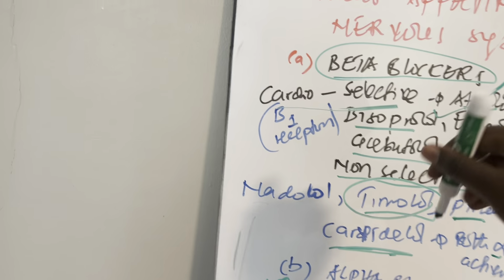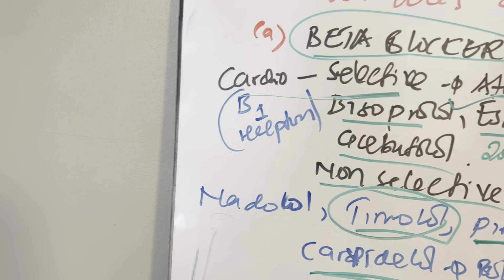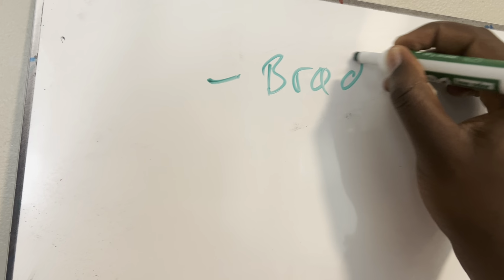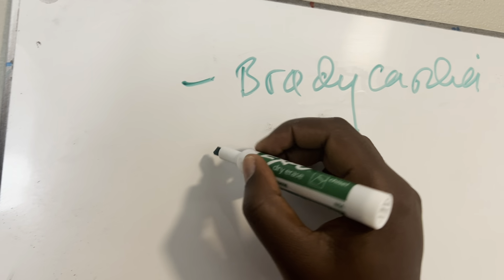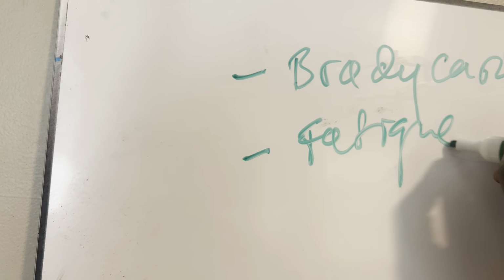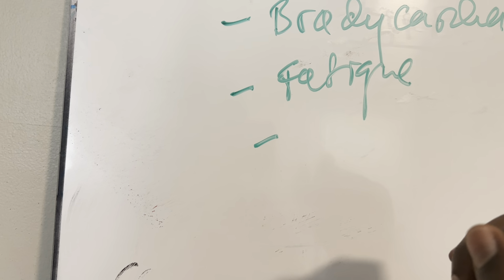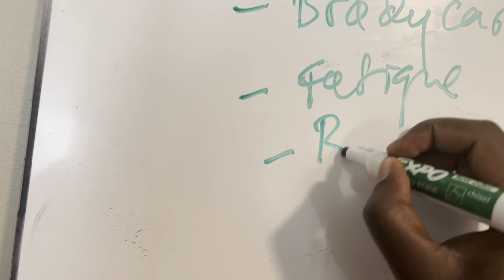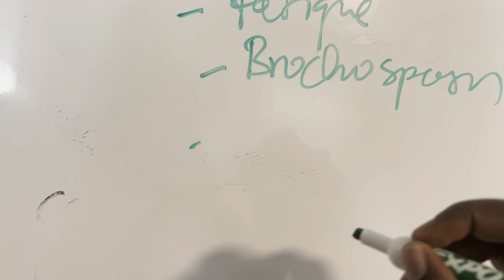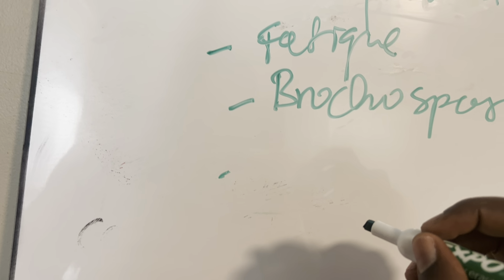Under beta blockers, I forgot to mention the common side effects, so we go back quickly. The common side effects of beta blockers include bradycardia, they can lower the heart rate; fatigue or tiredness; bronchospasm, especially for non-selective ones; and masking of hypoglycemic symptoms.